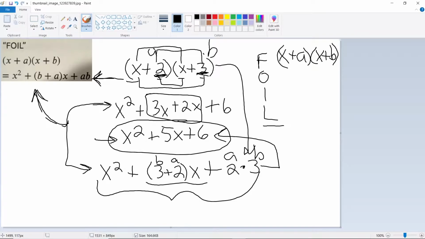You can still see the a and b when you have it grouped like this. But again, most times when you do FOIL, you're going to write it this way, and you're not going to worry about grouping it so the b's and a's are separate.